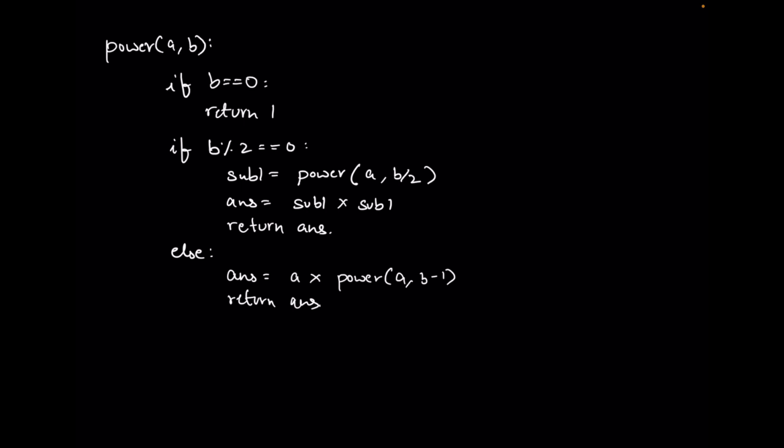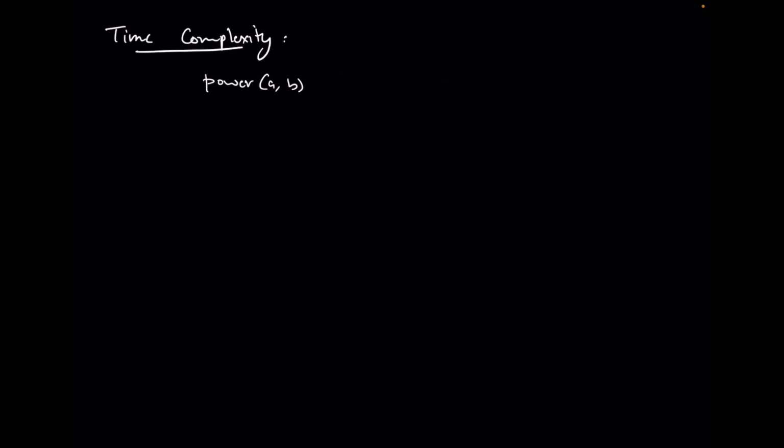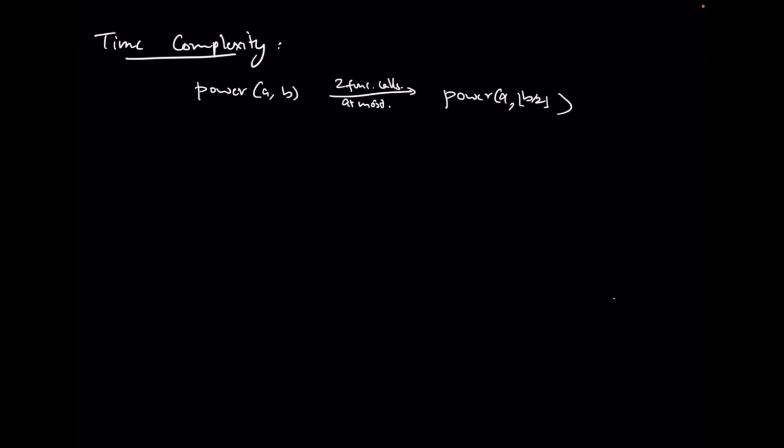Now let's try to calculate the time complexity of this and see if this approach is actually better than our previous approach. So the time complexity of power of a comma b, we'll calculate based on one simple observation that we've made before, that in at most 2 function calls you can reduce b into b by 2, right?